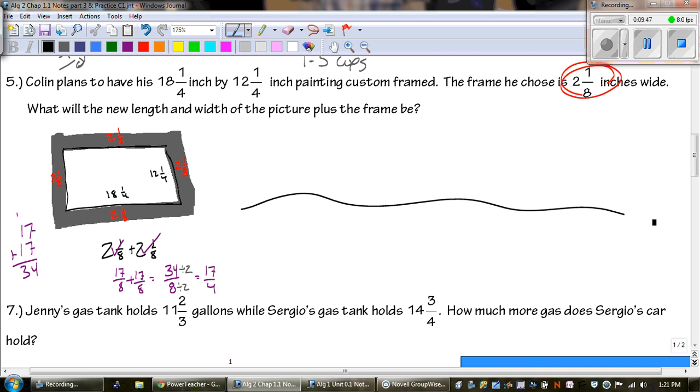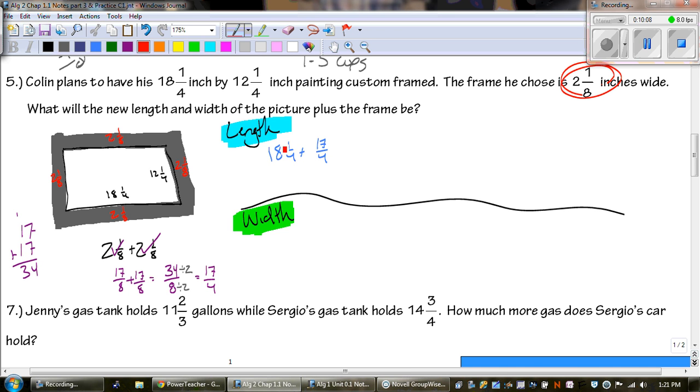Okay? We have to do the length and the width. So for the length, we have the 18 and 1/4 plus the 17 over 4.